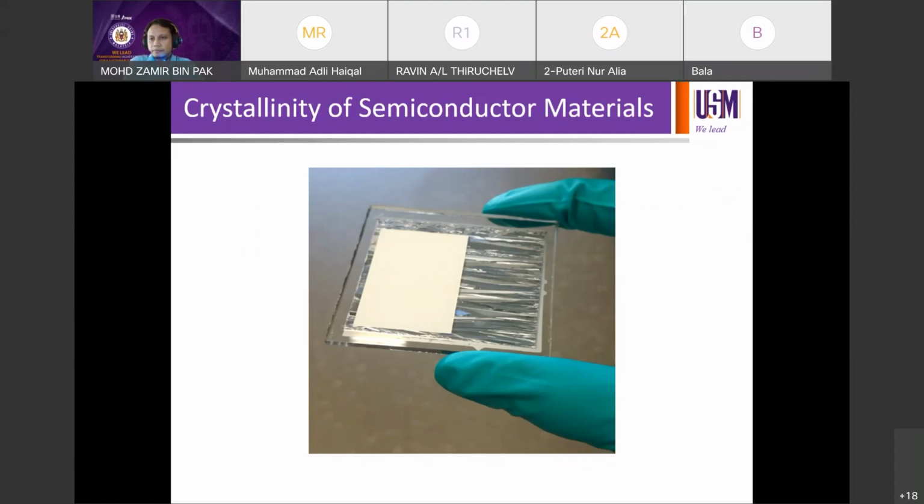Three types. Okay, Zul, thank you. So what are they? You can unmute yourself. You can write down as well. Mono, yes, thank you. Amorphous, yes, thank you. And poly, right? So altogether there are 3: amorphous, polycrystalline, and monocrystalline.